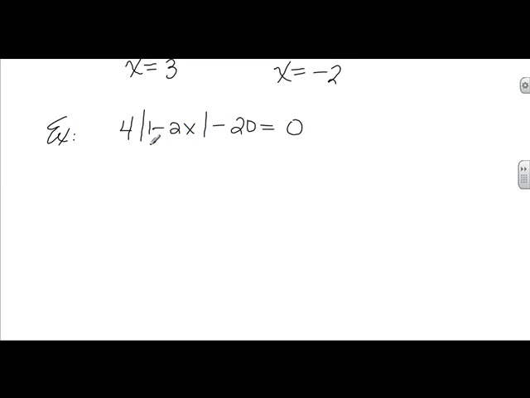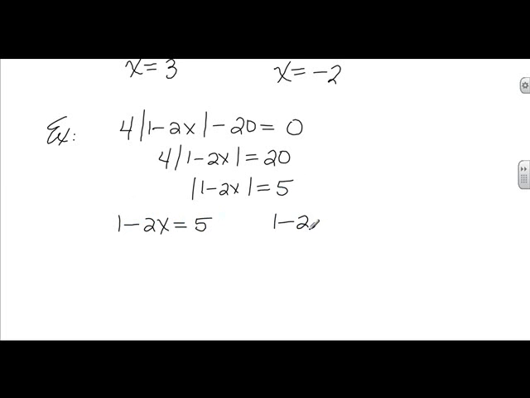So I'm going to add 20 to both sides. Divide by 4. And then rewrite: 1 minus 2x is equal to positive 5, and 1 minus 2x is equal to negative 5. Solving then for x, we get negative 2 and positive 3.